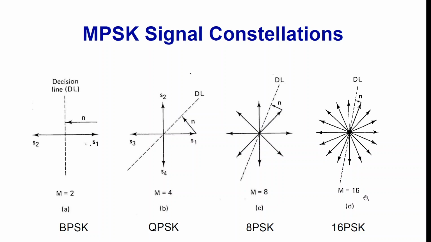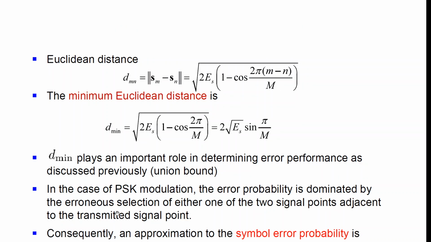And this is M equal to 16, called 16 PSK. So you can see that since only the phase is changing and amplitude remains the same, all the points will be at the circumference of a circle. Now this DL represents the decision line. Now the Euclidean distance. Here we will be considering only the cases in which the symbols or messages are equiprobable.